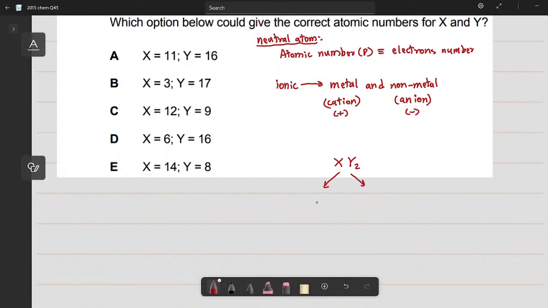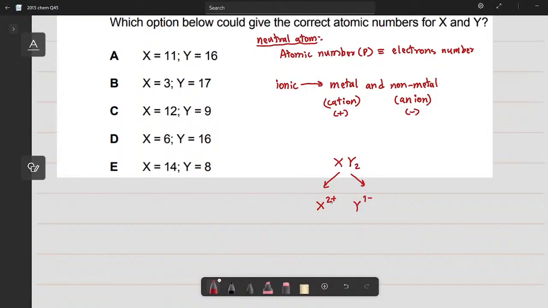This will give us X with 2 plus and Y with a negative charge of minus 1. So if we swap these charges, it will give us X and Y2. So why is that? To balance the overall charge so that it is a neutral compound.